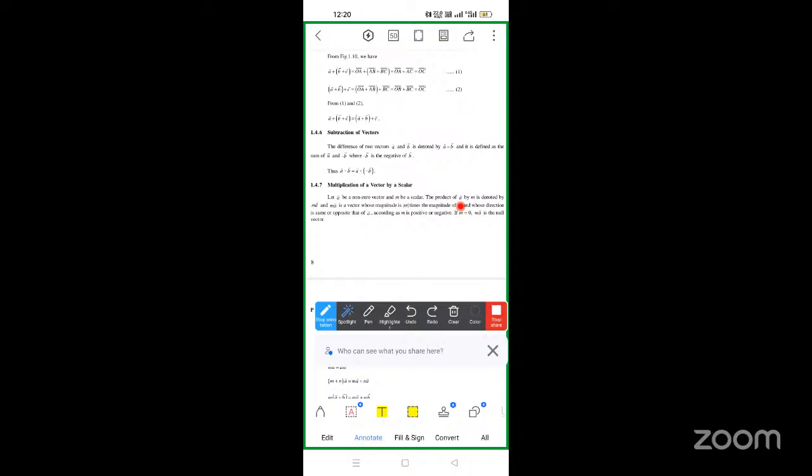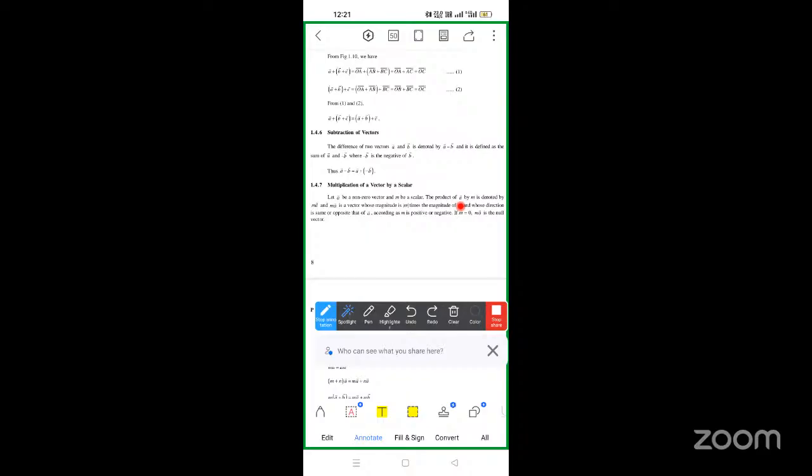Next, if M is 0, then the vector should be 0, so it is called a null vector. Is that clear? The product of a vector is nothing but any scalar M multiplied by a vector A bar.